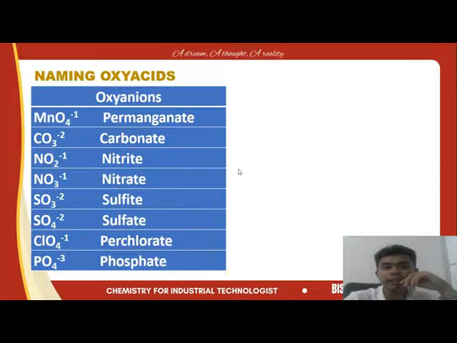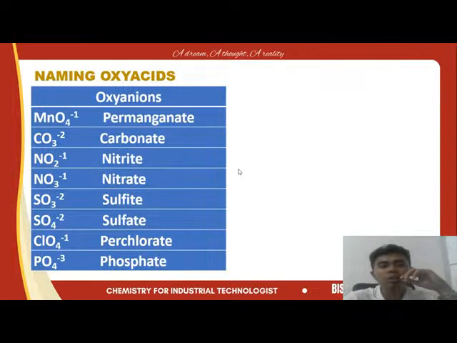If the last three letters of an oxyanion, an anion that has oxygen, is ITE, your suffix to be used in naming the acid is OUS.